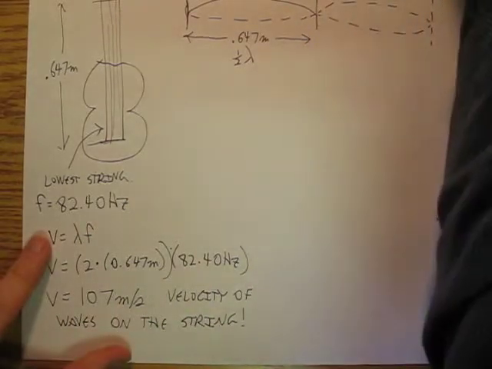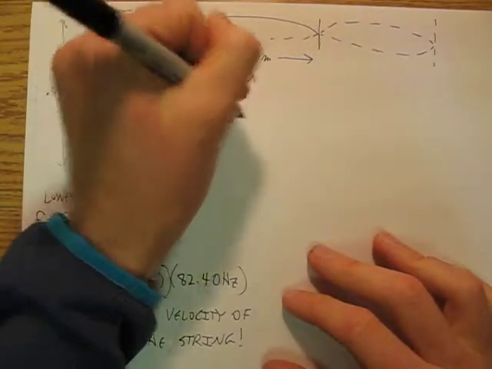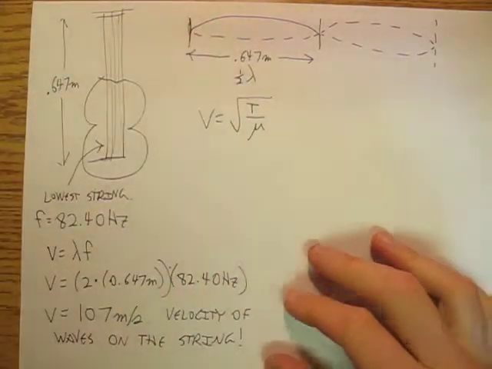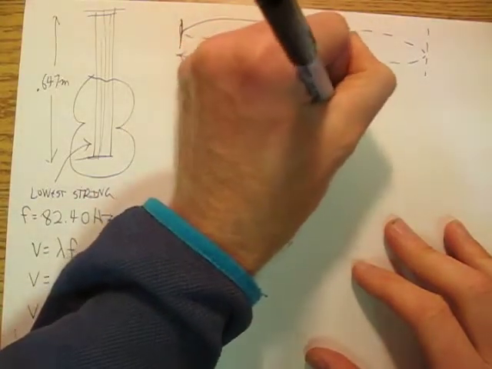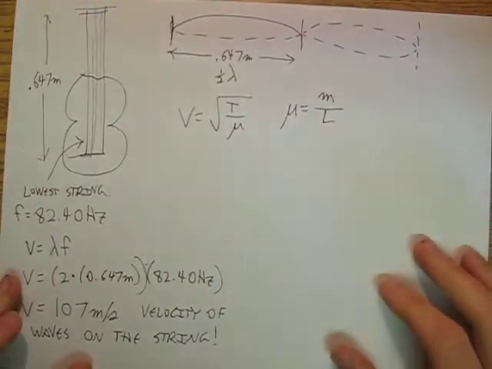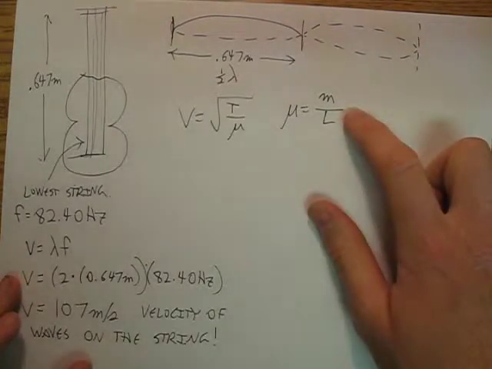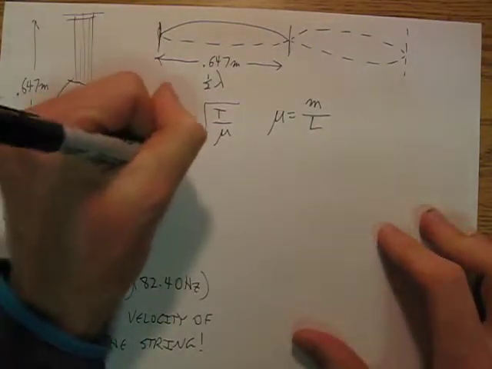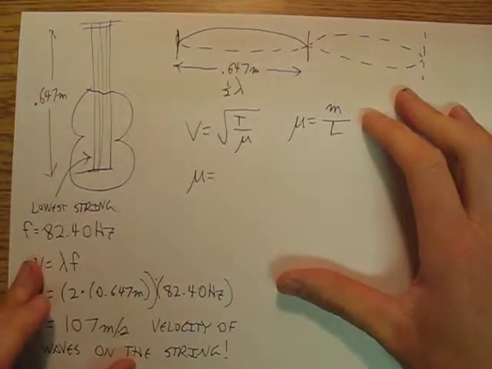Okay, so now I want to look at this equation. V equals the square root of T over mu, and mu is the mass per length. Okay, so I look for a similar string. I measured my mu for a similar string, not the exact same string.